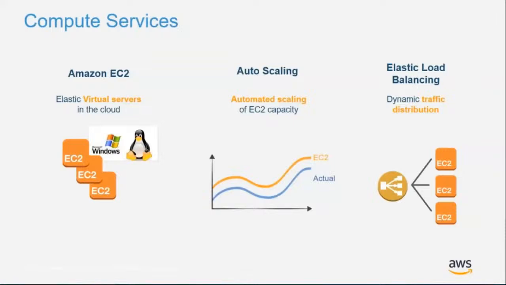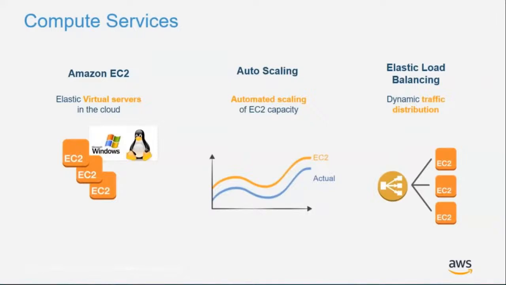So if you have a requirement for really RAM intensive work, it has machines that meet that criteria. It also has machines that allow you to do a lot of HPC and machine learning on AWS, including machines that allow you to add FPGAs so that you can train your machine learning algorithms.